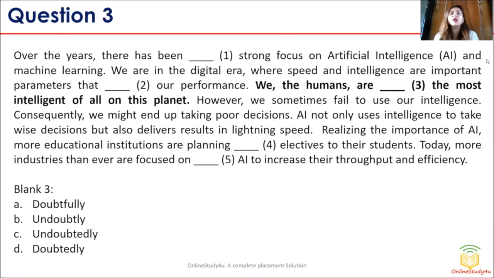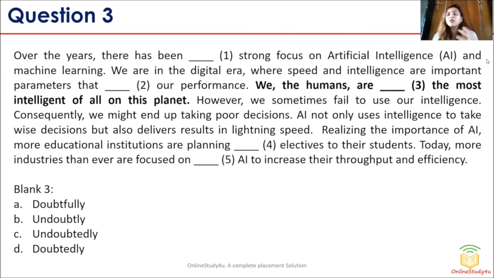We, the humans, are dash the most intelligent of all on this planet. Now, this sort of a statement is more like a claim. Somebody is making a claim that we, the humans, are the most intelligent of all on this planet. So, what is the word that we could include here? If it is doubtfully, right, in the first place, then it's not a claim that we are making, because this person is claiming it strongly.